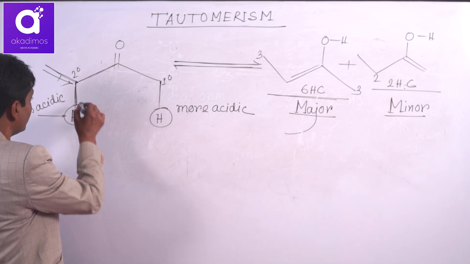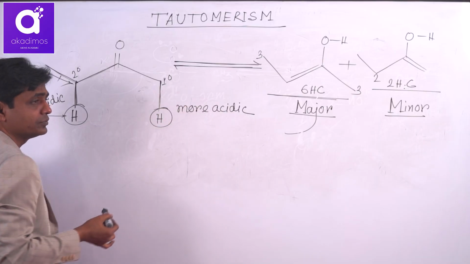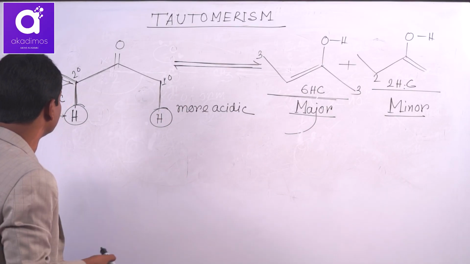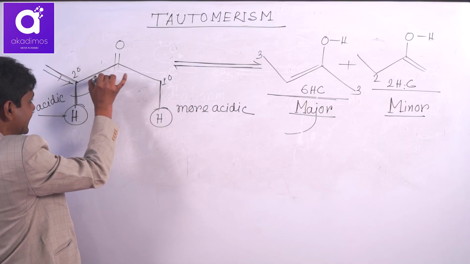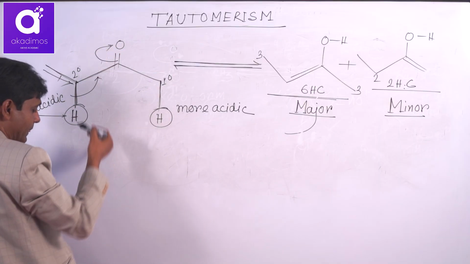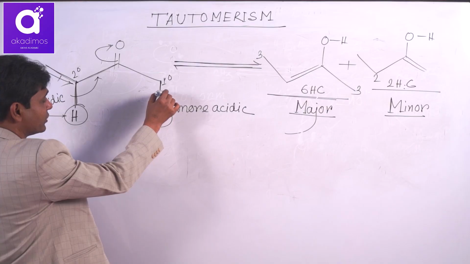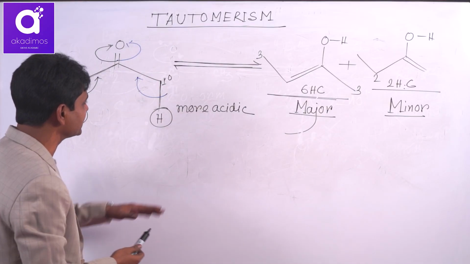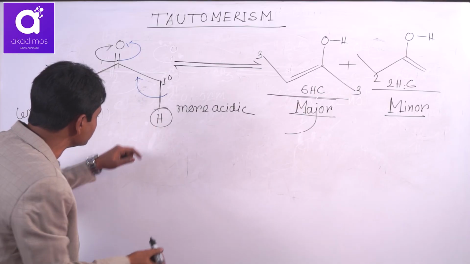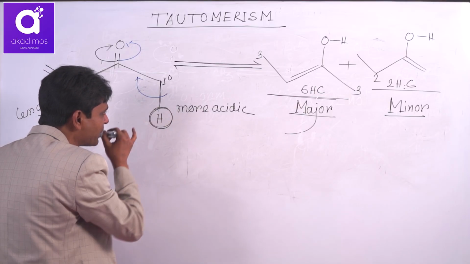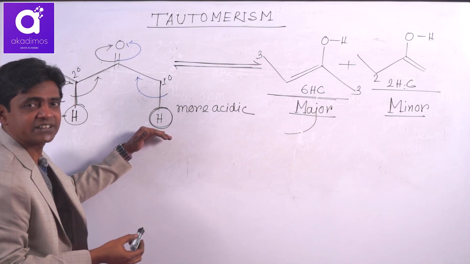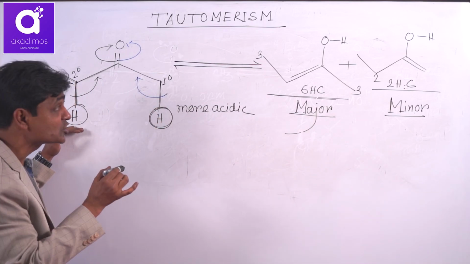You know, when an alpha hydrogen participates to form the enol in keto-enol tautomerism, it will show its acidic character. And this hydrogen also will show its acidic character. Now tell me, which one is more acidic? This one is more acidic. That means if this hydrogen participates to form enol, it is faster, since it is more acidic, and this hydrogen is slower.